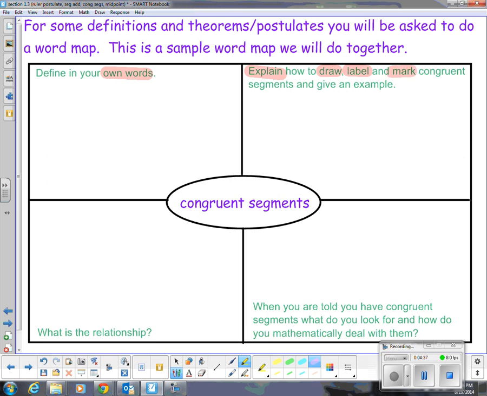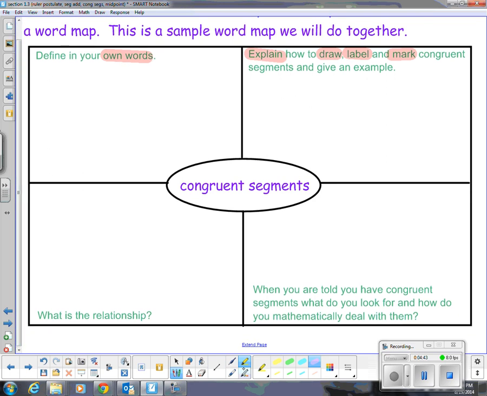Those are 3 important words, congruent segments, and then you're going to give me an example. Now I'm asking you for their relationship, and when I ask for relationship, I'm basically asking what is their mathematical relationship. What I want to try to do is get this from words into symbols or into something that math speaks.